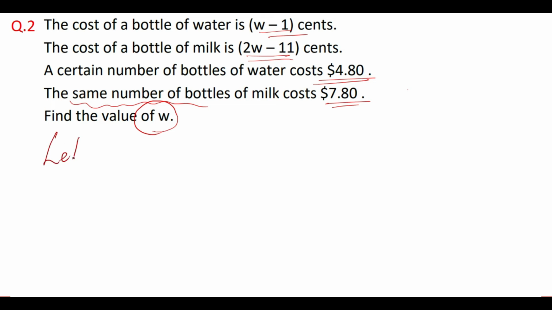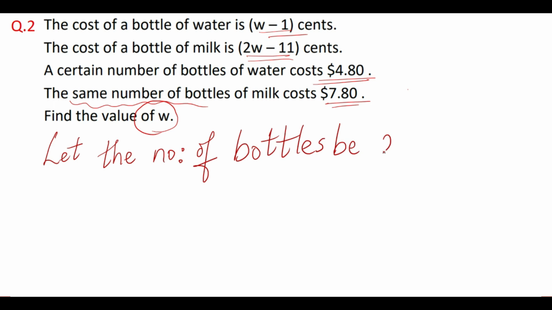Now let the number of bottles be X. Since they have said a certain number of bottles of water costs $4.80 and the same number of bottles of milk costs $7.80, talking about water first, the cost of one bottle is W minus 1 cents.